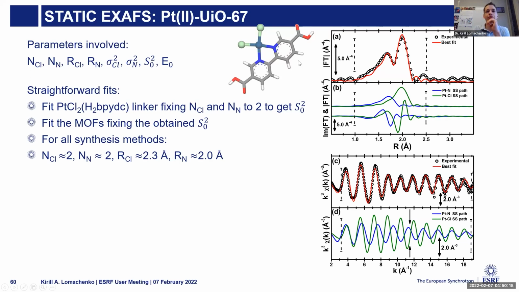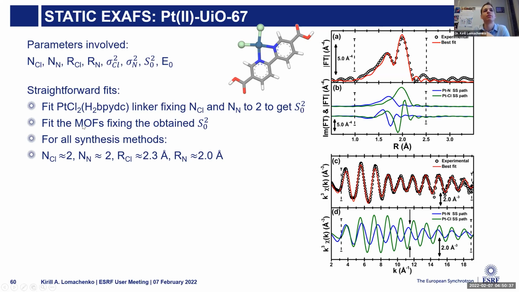In order to ensure this, we measure a spectrum of the linker molecule. Because we have single crystal diffraction data, we know that the coordination numbers of nitrogen and chlorine are equal to 2. We fit this data, fixing this coordination number and getting S0 squared.